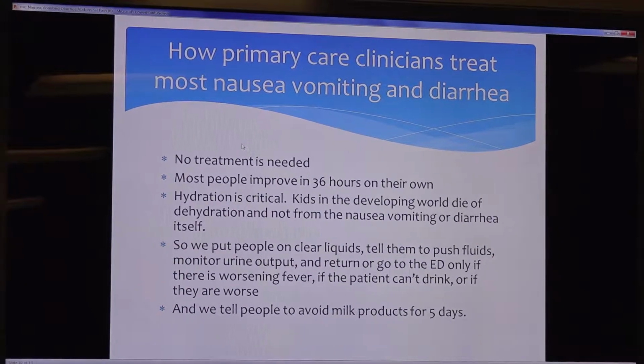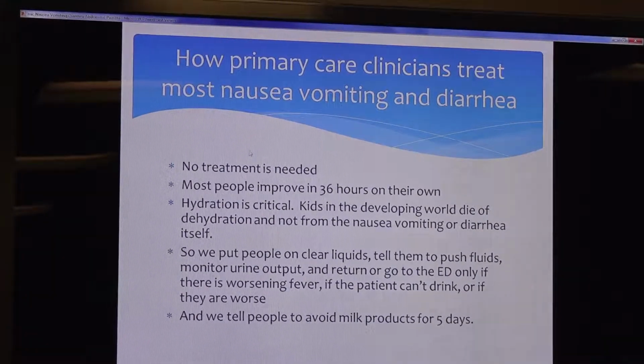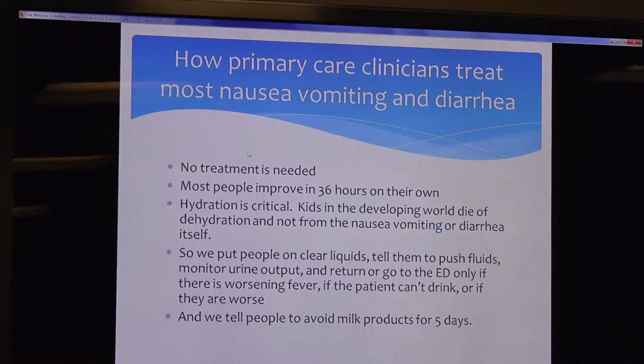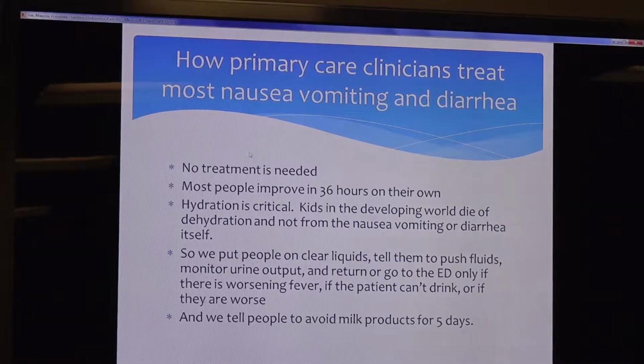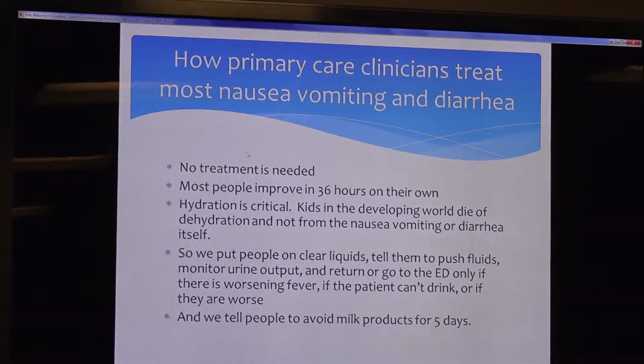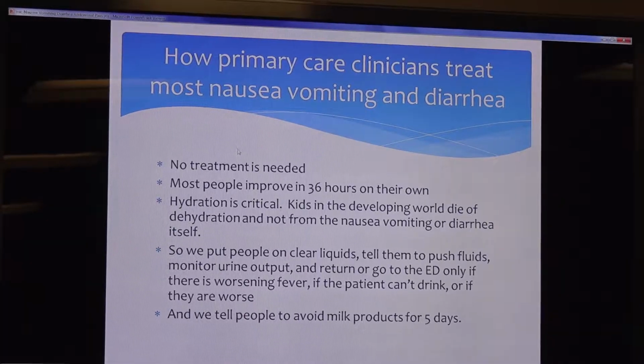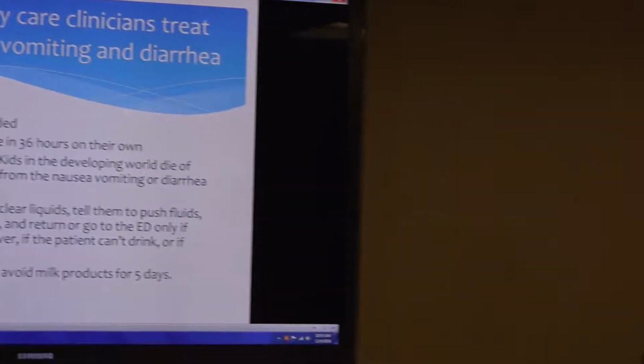What do we do with it? Nausea, vomiting, and diarrhea. We don't do anything in terms of prescriptions necessarily, because they usually get better. The most important thing with nausea, vomiting, diarrhea is number 3, hydration. You've got to get fluids into them.